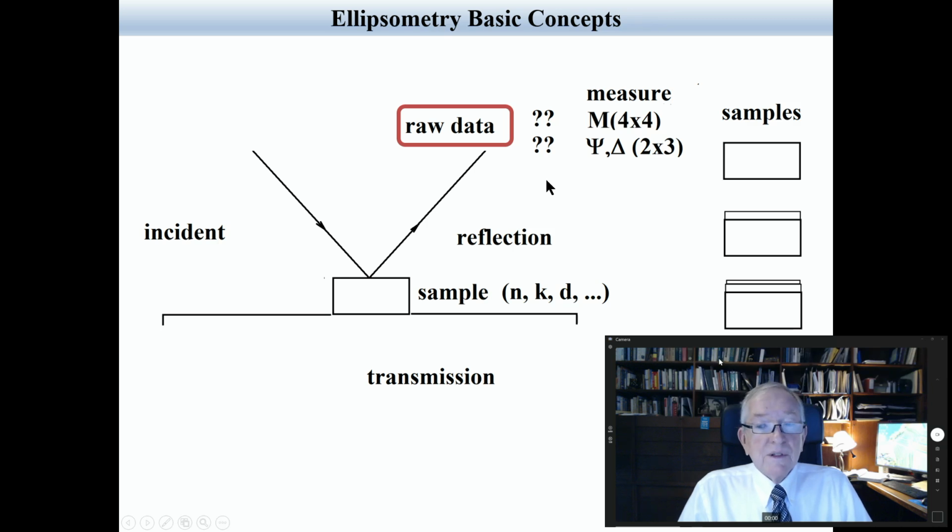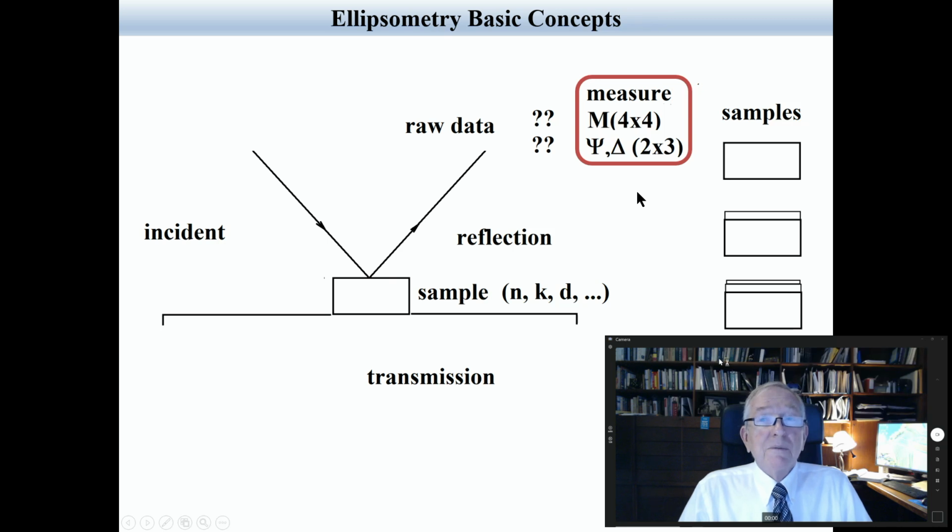The companies generally don't tell you exactly how that is done. There are different ways. And from that process that's not being told to us, we can obtain Mueller matrix measurements, which is a 4x4 matrix, or psi-delta measurements, which is basically a 2x3.